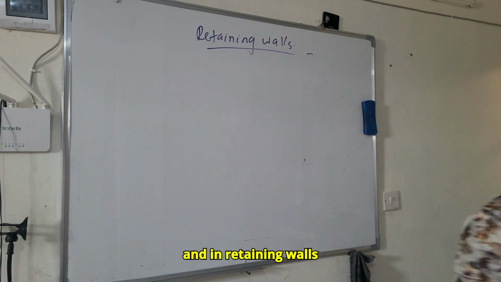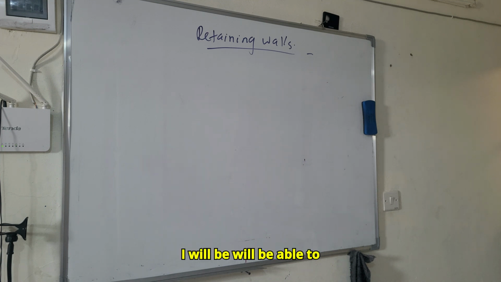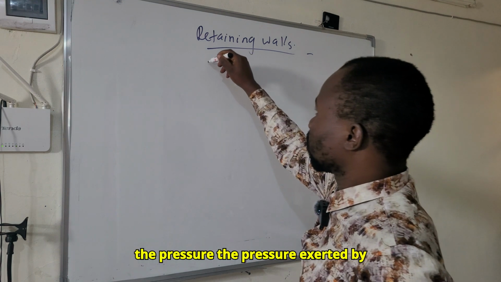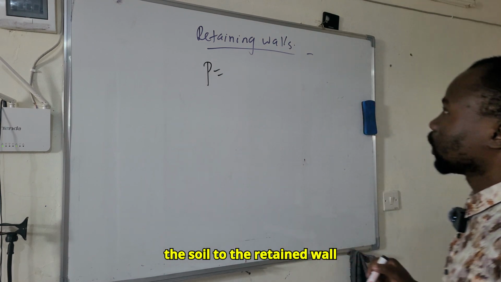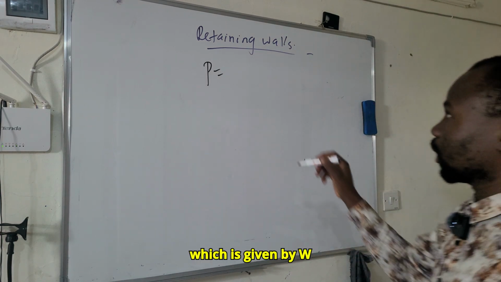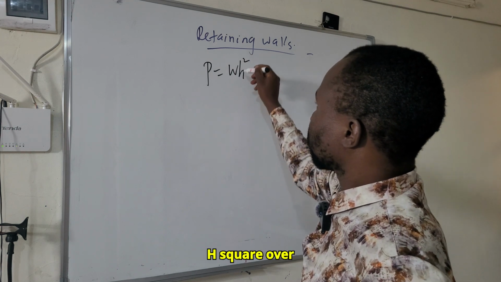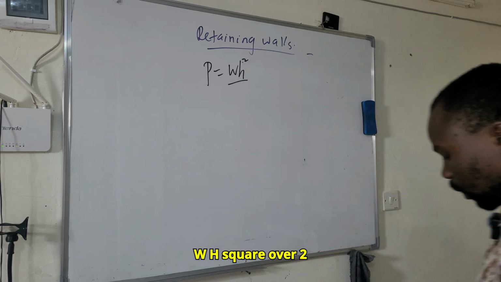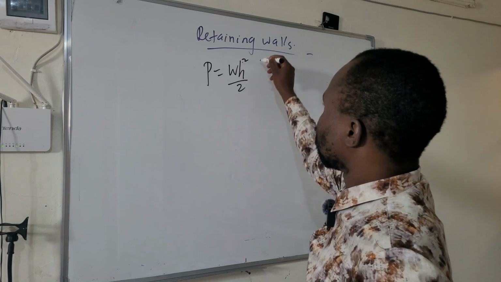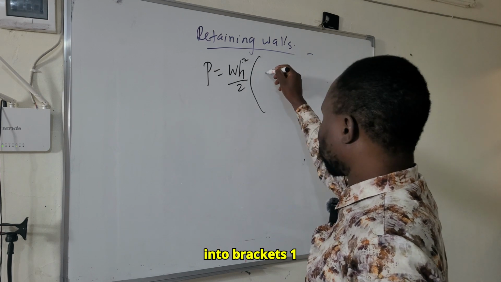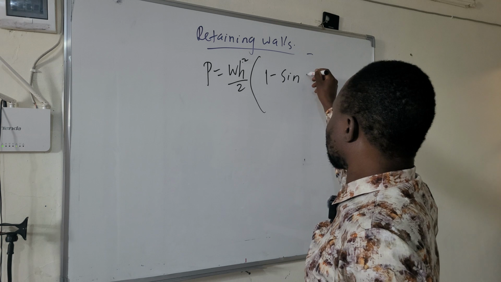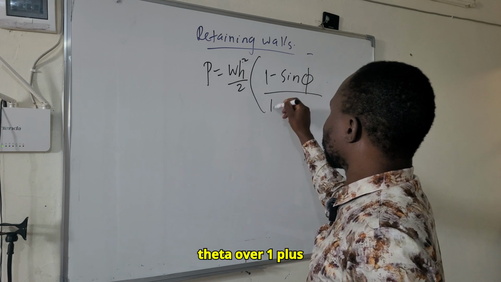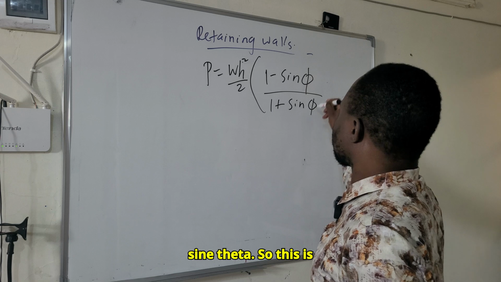In retaining walls, we will be able to know how to calculate the pressure exerted by the soil on the retained wall, which is given by WH square over 2 into bracket 1 minus sine theta over 1 plus sine theta.